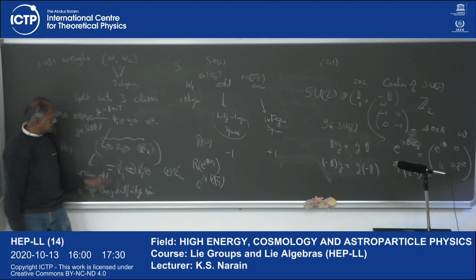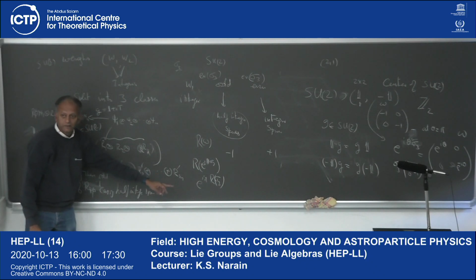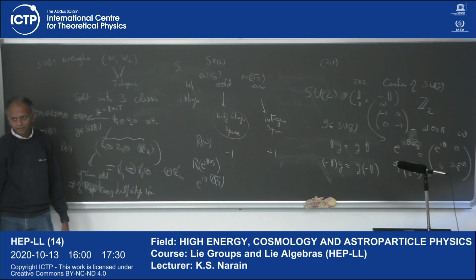Okay. On the other hand, if there are an even number of half integer spins here, then each one of them will carry integer spins. So this gives you some selection rule.